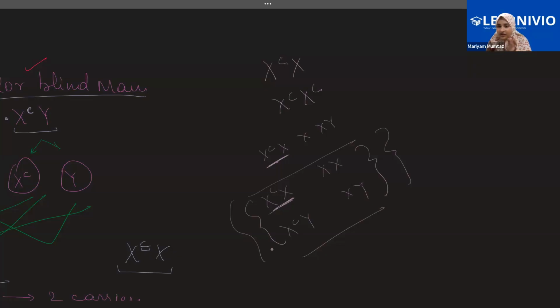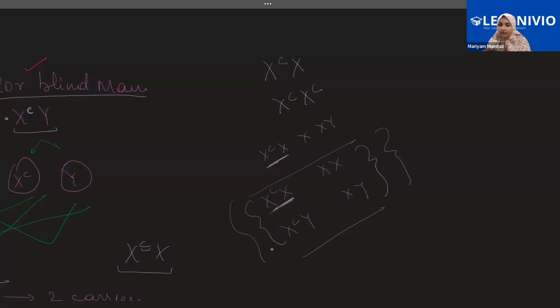Okay. Tell me the genotypes of those that will be colorblind. XC, XC, and XCXY.